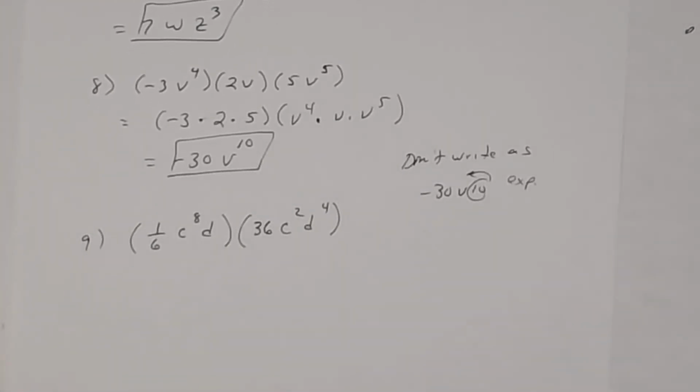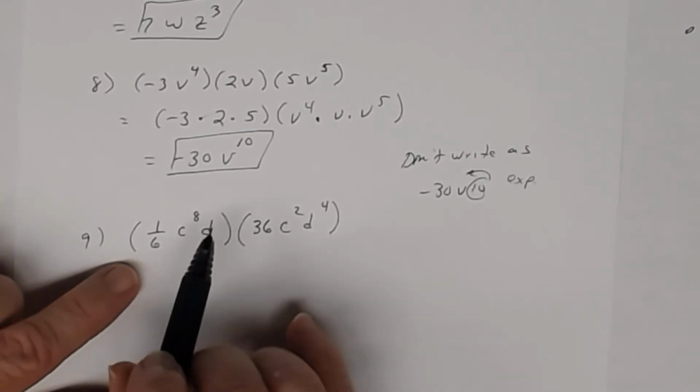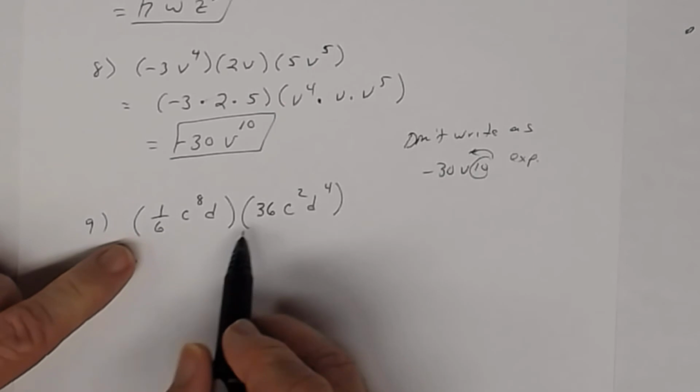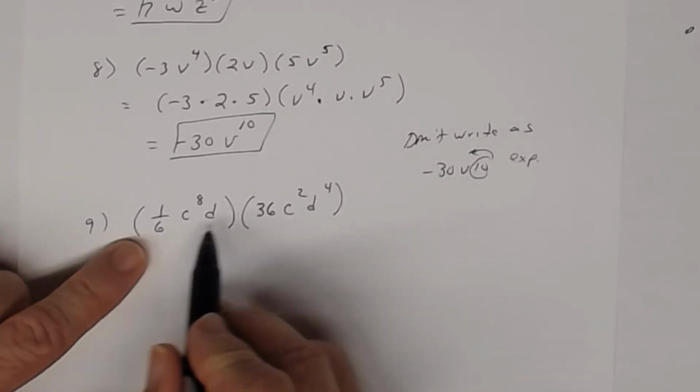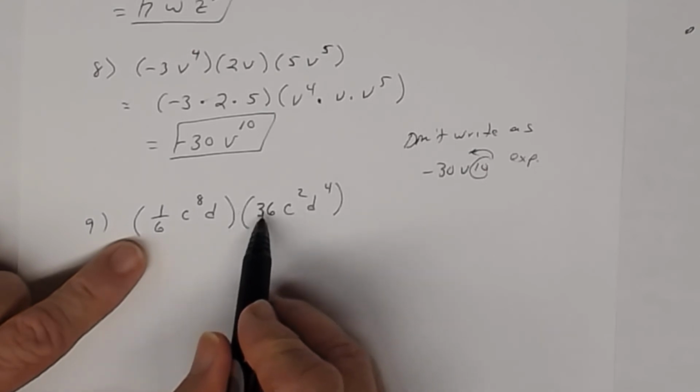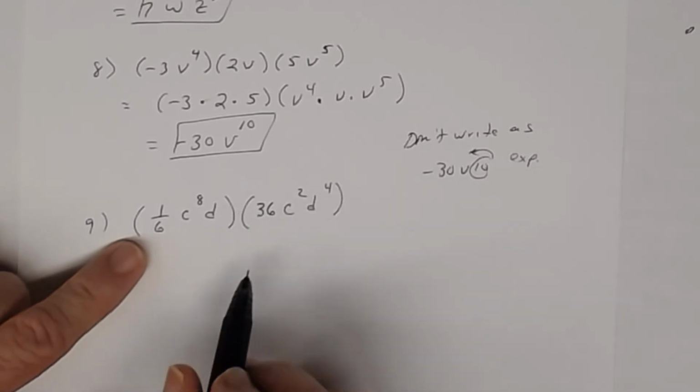Okay? All right. So you can write it like this, just like we did. So you could say, all right, I'm going to multiply. So all these are products, right? 1/6 times c to the 8 times d times 36 times c squared times d to the 4th.